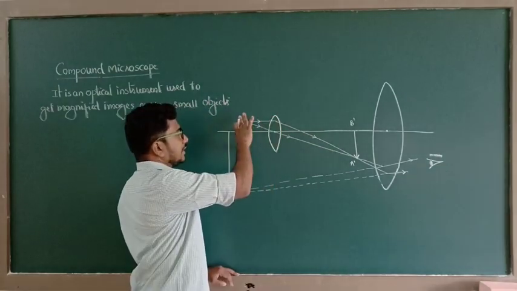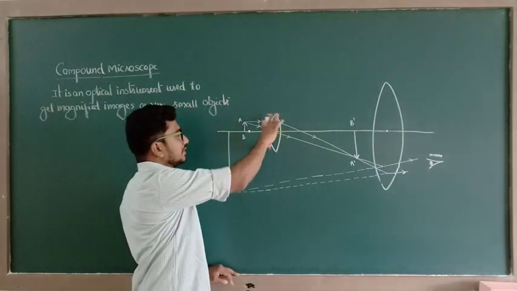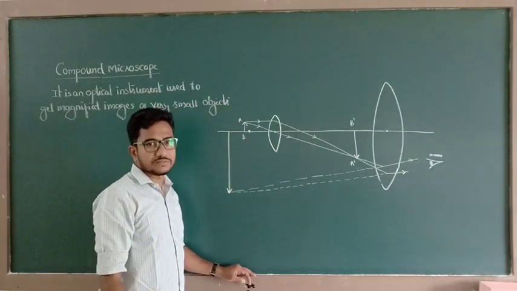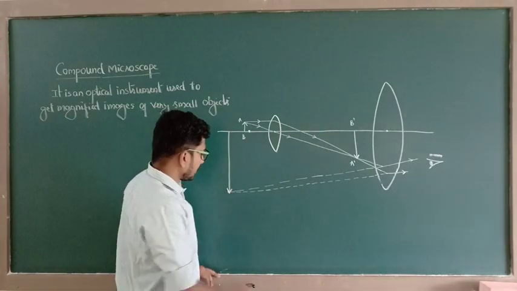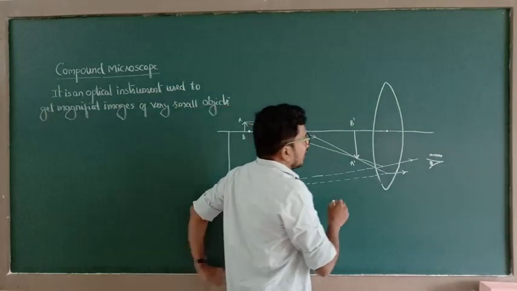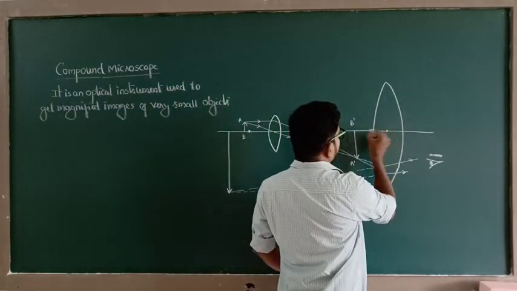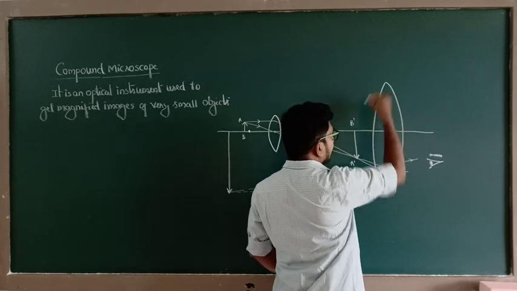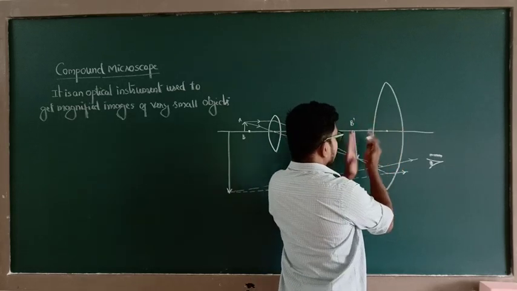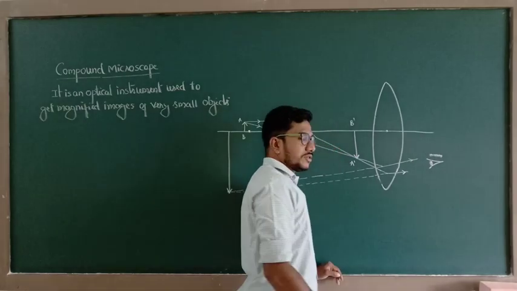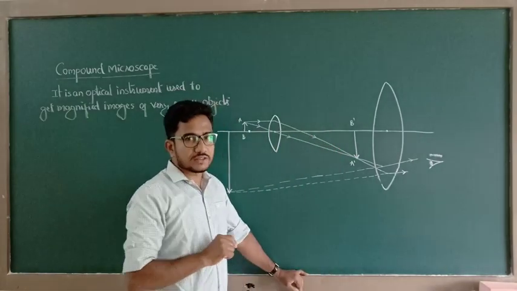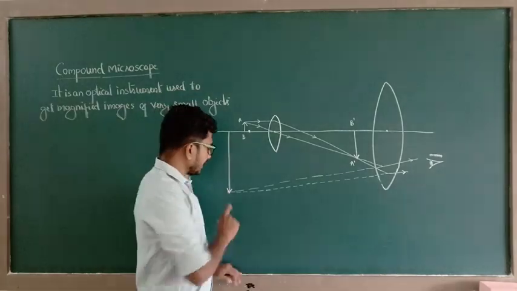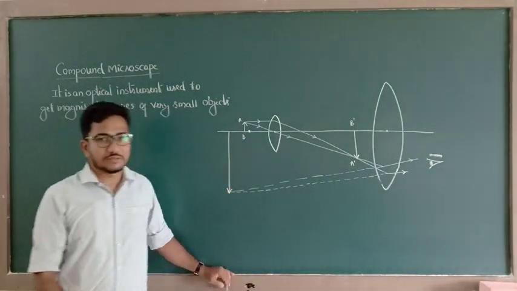This lens is near to the object, and hence it is known as the objective lens or objective. Here the distance between A dash B dash and the optical center of the eyepiece is adjusted by using a rack and pinion screw in such a way that the final image lies at the least distance of distinct vision.